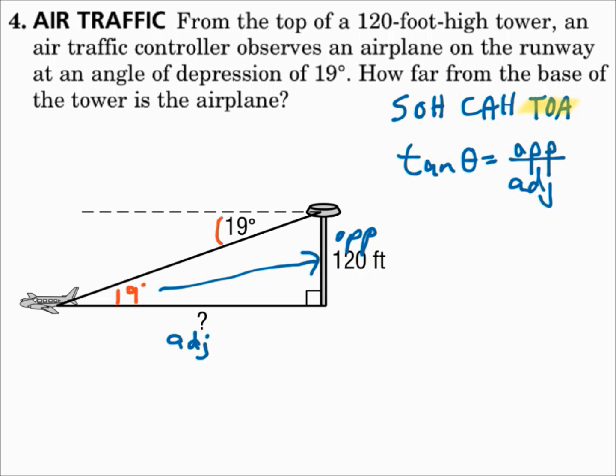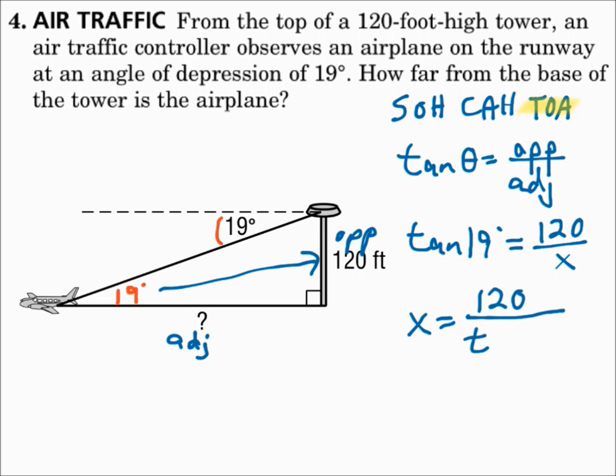Substitute in. Theta is 19 degrees. Opposite is 120. And the adjacent is x. Since x is in the denominator, switch it with the opposite side. X equals 120 divided by tangent 19 degrees.